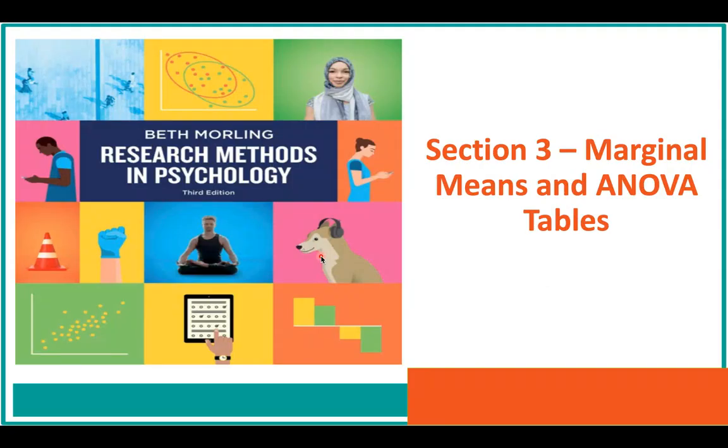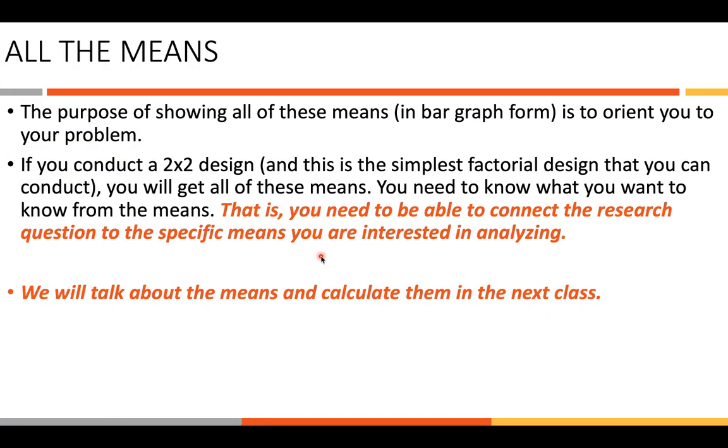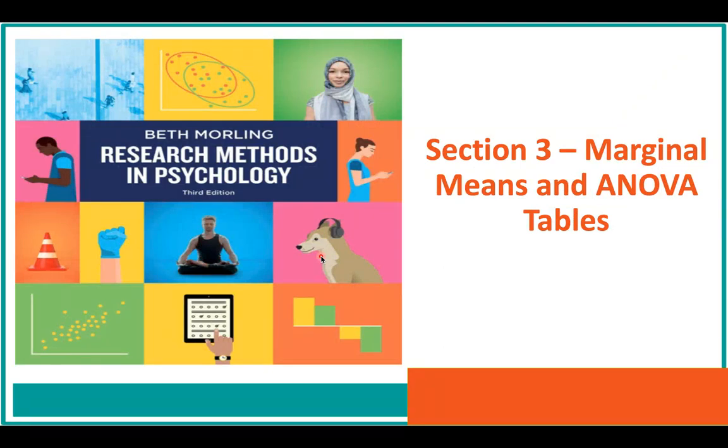So that's the end of section 2. We will pick this back up with section 3. We will be moving forward to working with what are called marginal means and ANOVA tables.